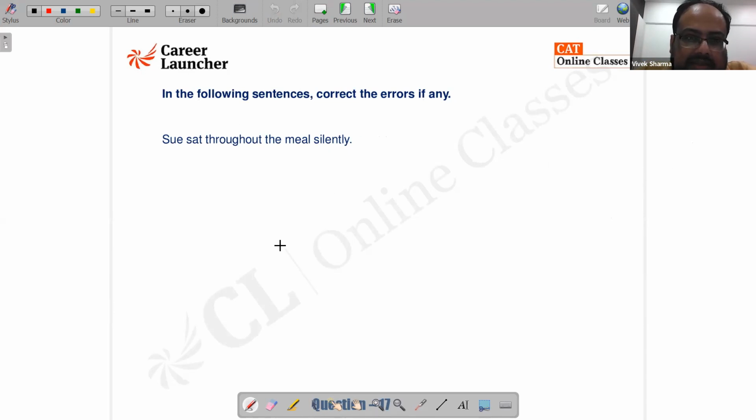How do you correct this sentence? Anshul, correct. Ritik, almost correct. Anubi, correct. Tanya, correct. Jobin, correct.